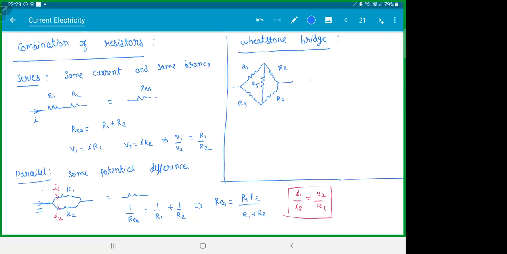This is R5. So the circuit becomes like this if this ratio is balanced: R1 by R3 is equal to R2 by R4. Check this out. This is the standard stuff which I've done already.